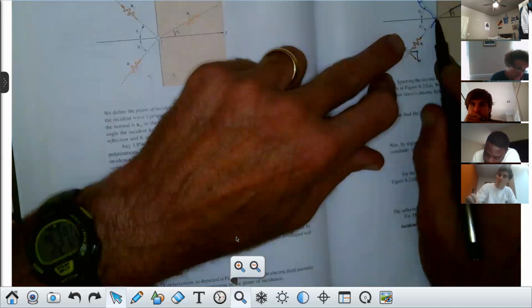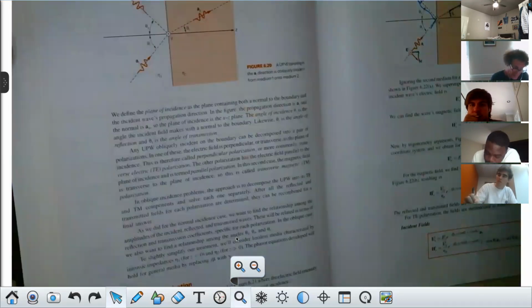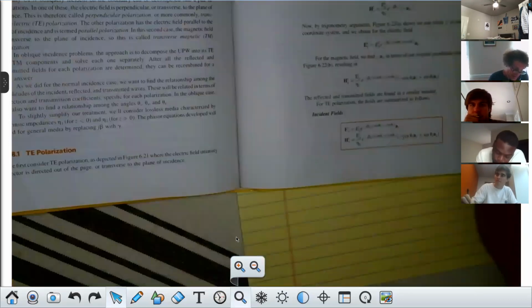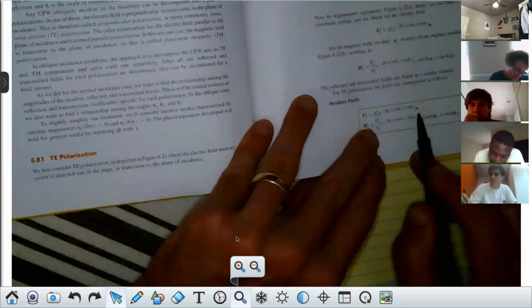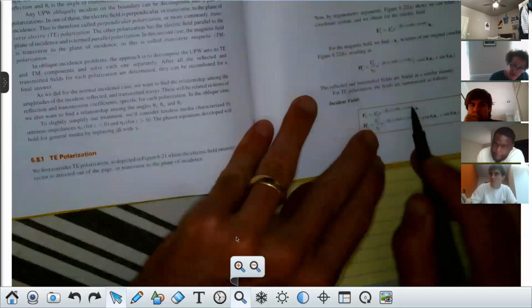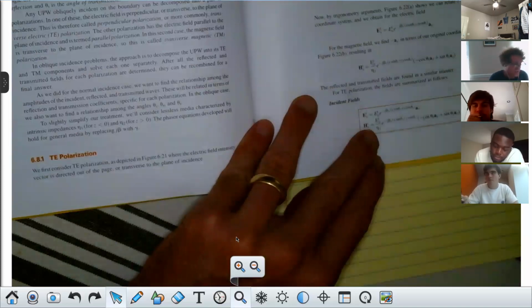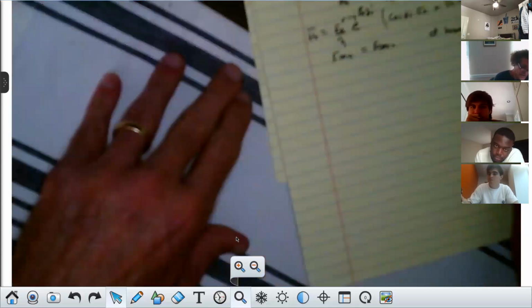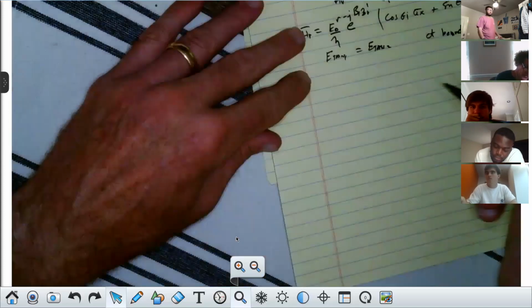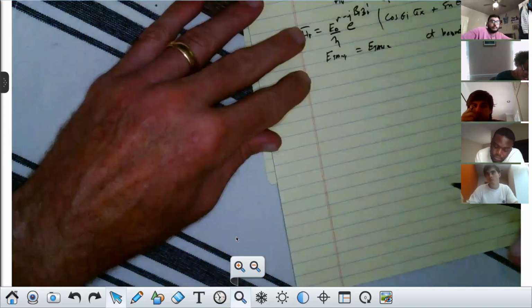So the reason that's nice is that when it's at Z equals 0, this term, the Z cosine theta incident, goes away, doesn't it? It's Z equals 0, correct? So I'm going to do it right here. I'm going to take E tan 1 is E tan 2. Well, the tangent field would be the incident field plus the reflected field at Z equals 0.